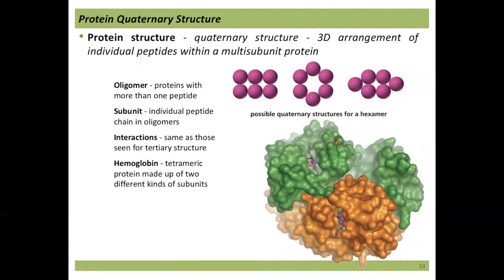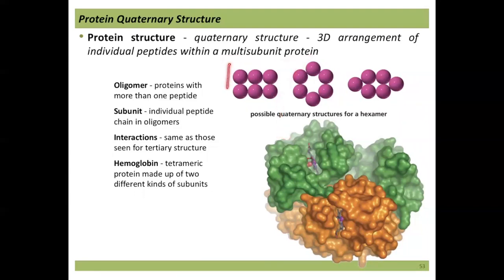We have these green subunits and these orange subunits. Altogether, there are four proteins that make up hemoglobin, the functional protein structure. That is what's referred to as quaternary structure. It's a 3D arrangement of individual peptides within a multi-subunit protein.